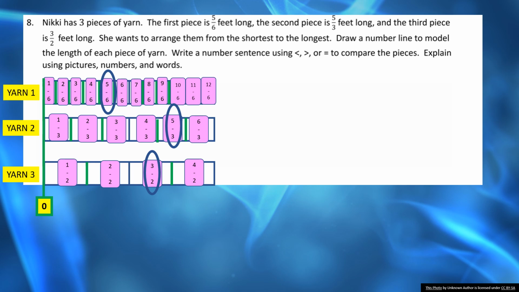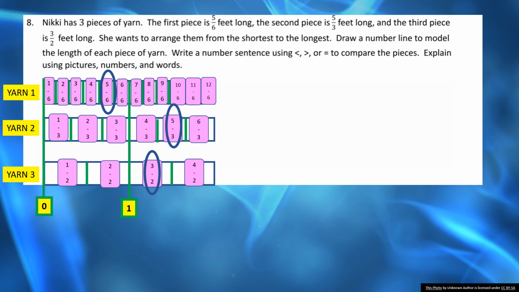Now, in the middle, I'm going to draw another line straight down right here. So in your first model, it should be between 6/6 and 7/6. In your second model, that line should be between 3/3 and 4/3. And in your third model, that line should be between 2/2 and 3/2. Straight down.